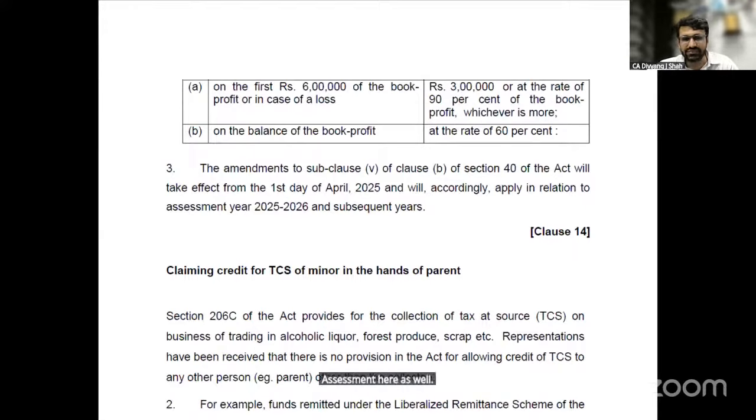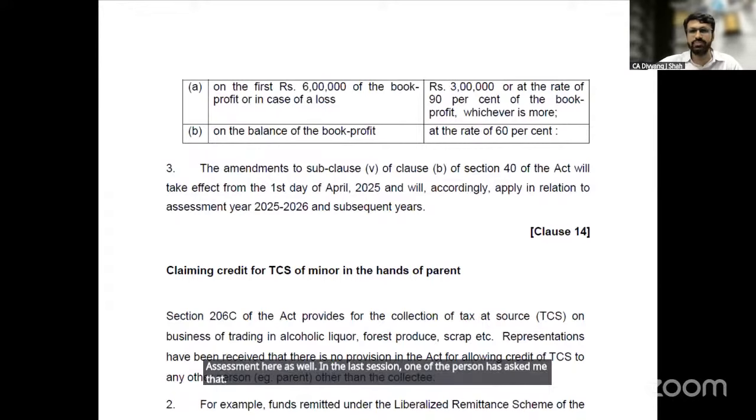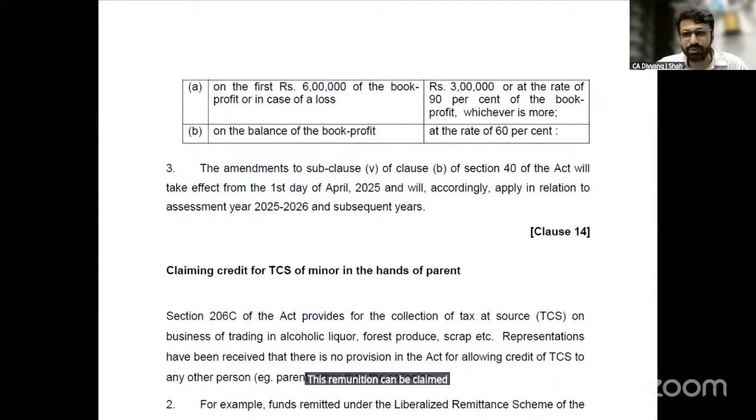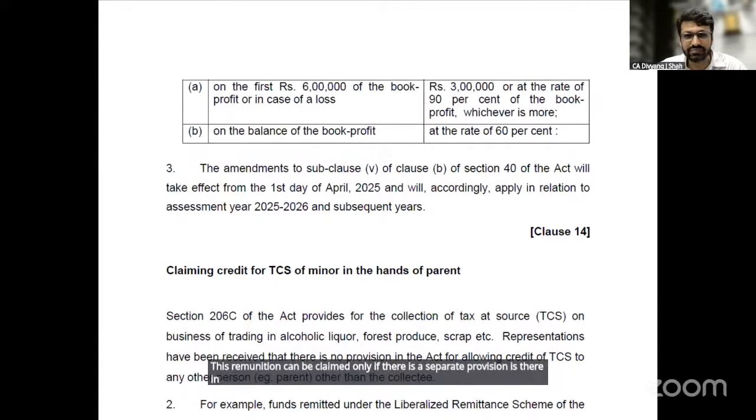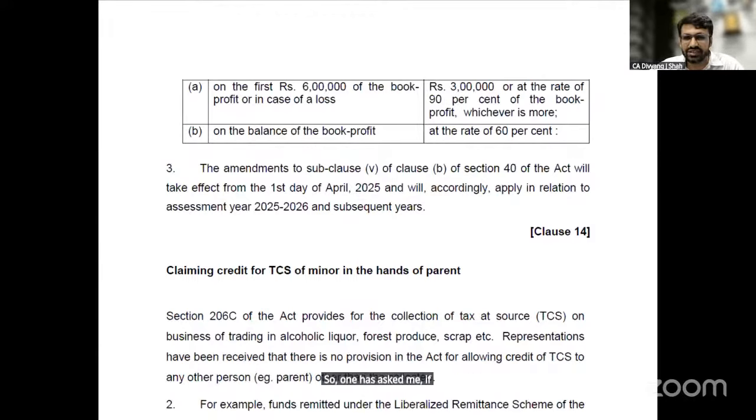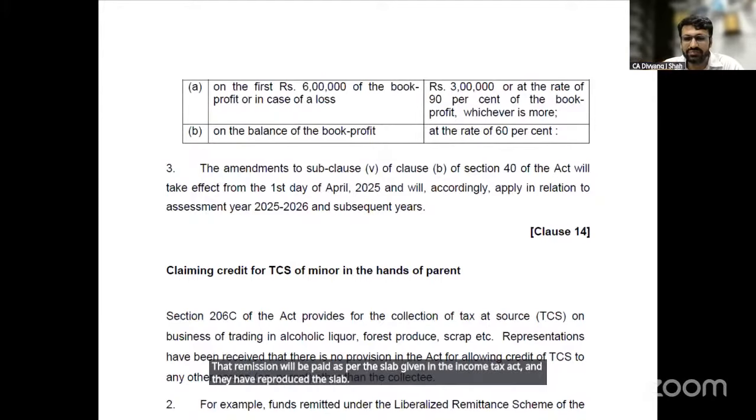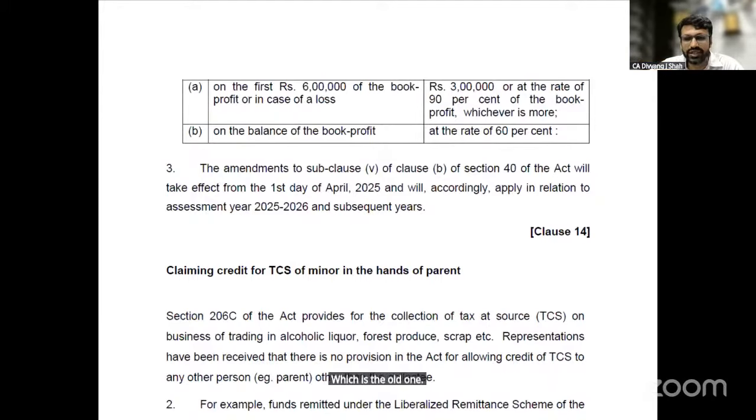In the last session, one person asked me whether this remuneration can be claimed only if there is a separate provision in the partnership deed. What if the partnership deed says that remuneration will be paid as per the slab given in the Income Tax Act, and they have reproduced the slab, which is the old one? Can you pay as per the new slab?